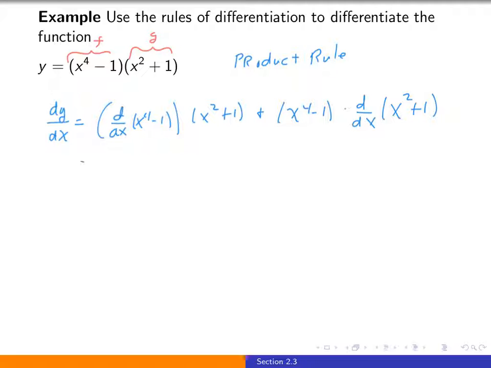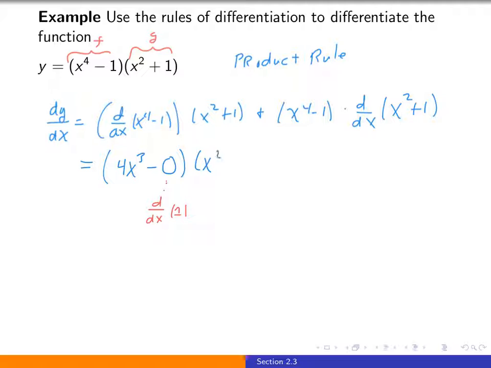Evaluating the first derivative using the sum rule, we have the derivative of x^4, which by the power rule is 4x^3, and then we subtract the derivative of 1. The derivative of a constant is 0.